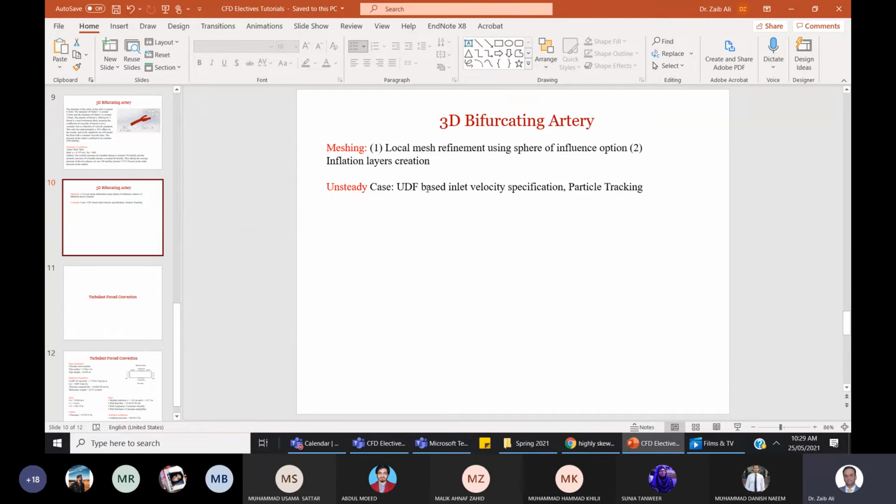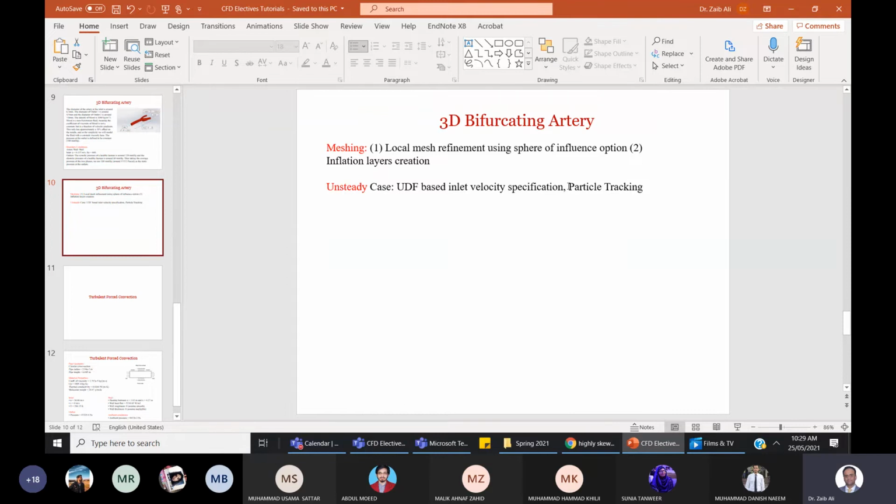In the unsteady one, they are using a user-defined function for the inlet velocity specification. So it's not a constant inlet velocity, but a function-related velocity. There you will observe how we can load a separate user-defined function as an inlet condition. Also, if we want to track the motion of blood, for example, and introduce some particles, we want to track the motion of those particles as they move inside the body.